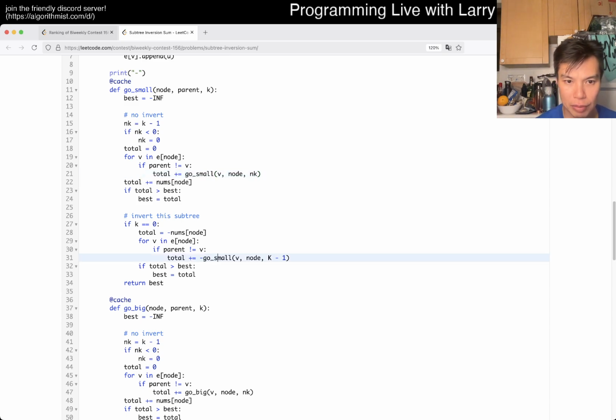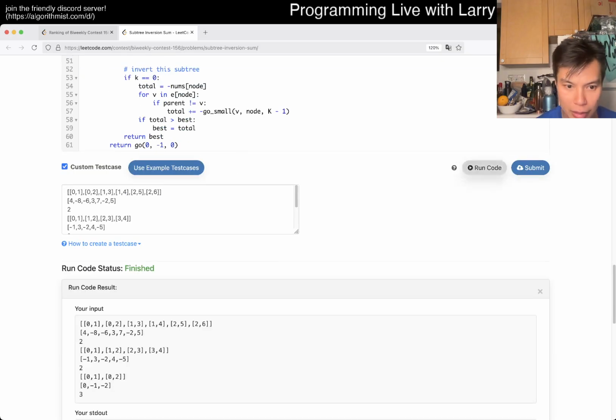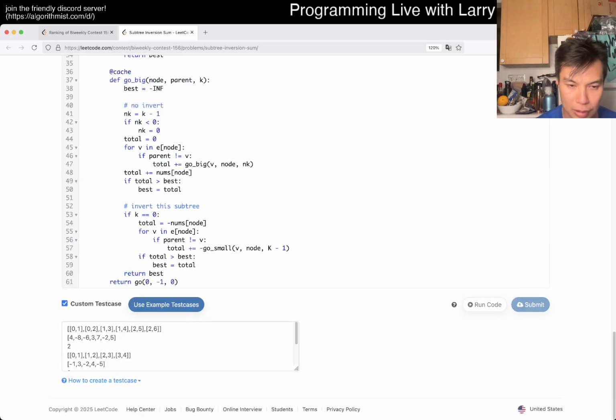If we do invert, then we want to go negative, go big. And I think that's it, except for I have to change this. We want to go small. So this best is going to be infinity. This is negative, negative. Let's just remove the print for now. Oh, we want to go big.